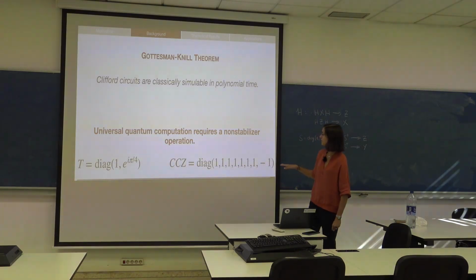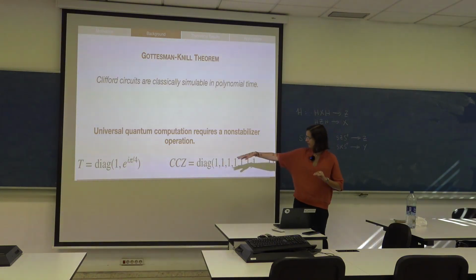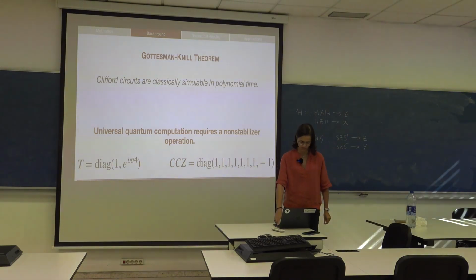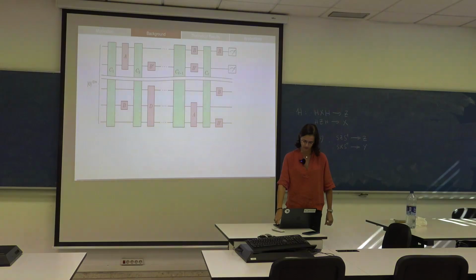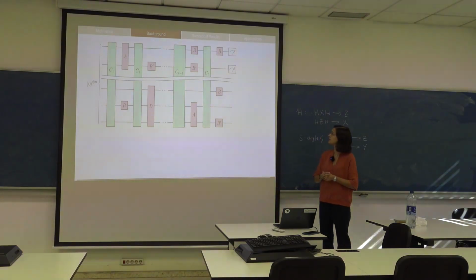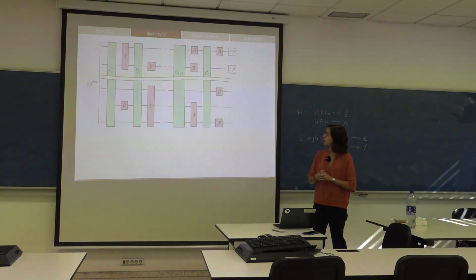So these are common examples, and basically what it means is if you have access to operations in the Clifford group and then you add one of these gates, then you can do any kind of quantum computation with this set of operations.